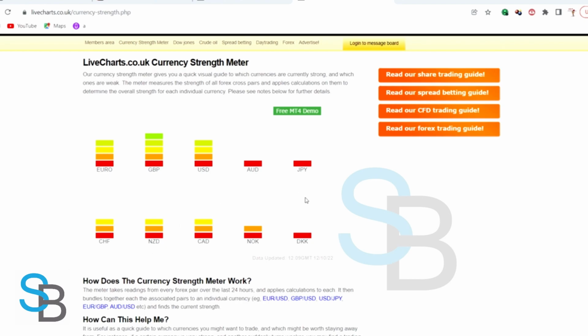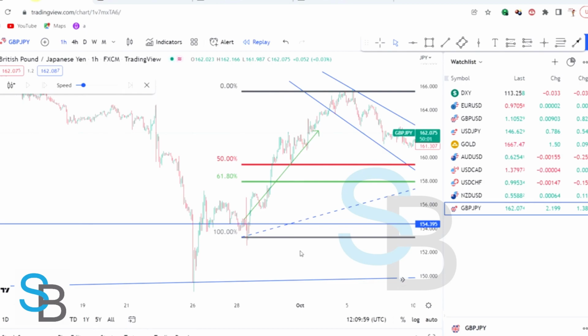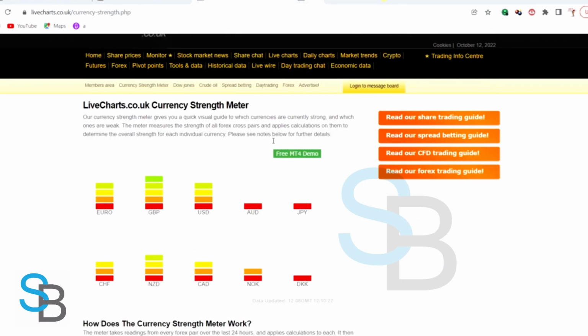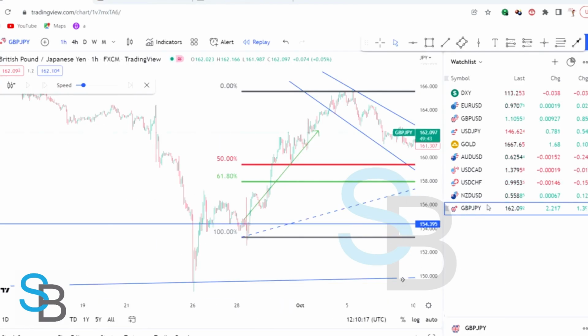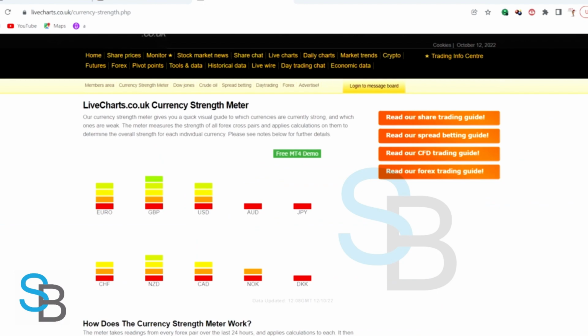So let's assume we are in a situation like this, where we have seen the setup on GBPJPY and GBPUSD. When I come to my currency strength meter, I see that GBP is strong, USD is strong, and JPY is weak. Now I have a setup to buy GBPJPY and GBPUSD, right?